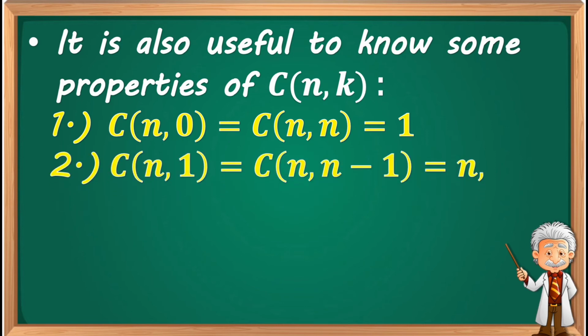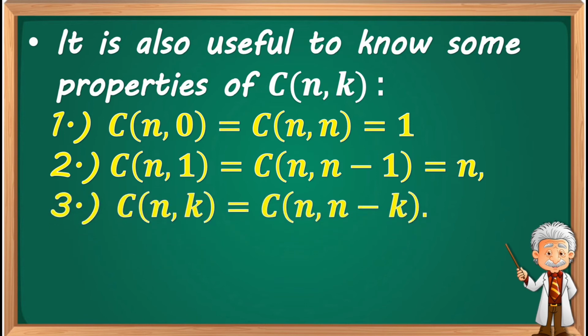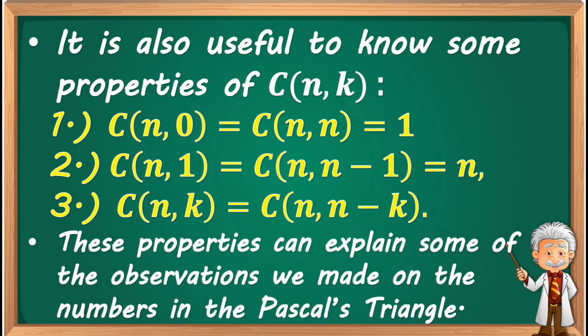Next, if our combination is nC1 or k is equal to 1, is equal to the combination of n minus 1 is equal to n. And number 3, the combination nCk is equal to nC(n minus k). So these properties can explain some of the observations we made on the numbers in the Pascal's Triangle.